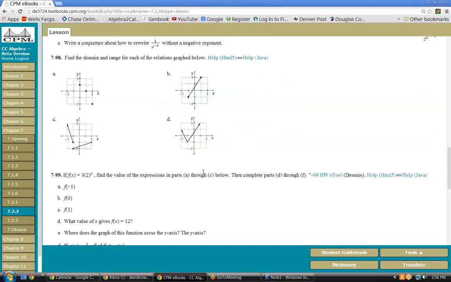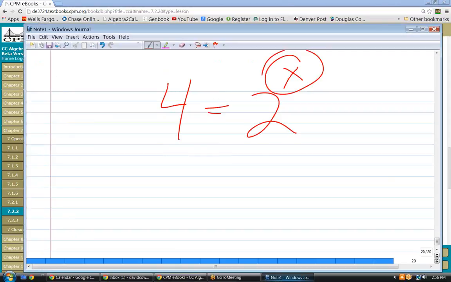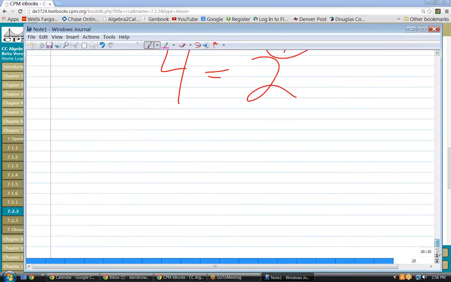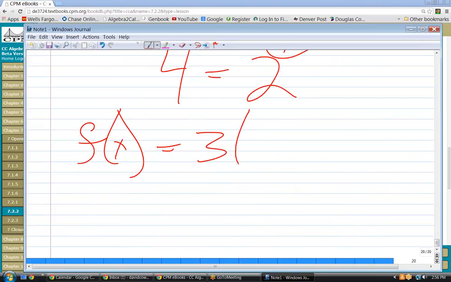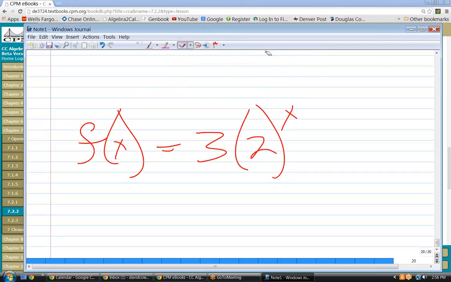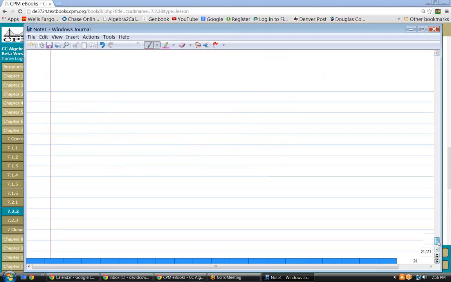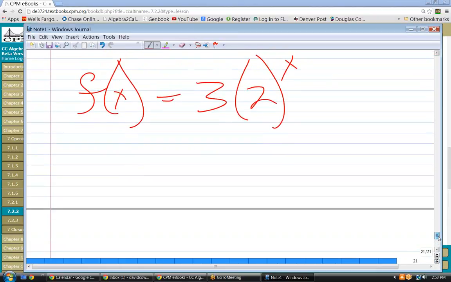Okay. Where does the graph of this function cross the x-axis? Well, our function is 3 times 2 to the x. So first of all, what does it mean when it's crossing the x-axis? What is f of x going to be when it's crossing the x-axis?